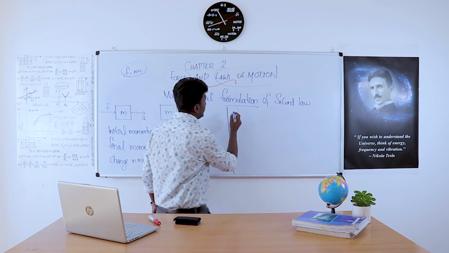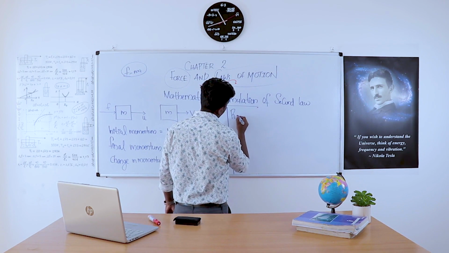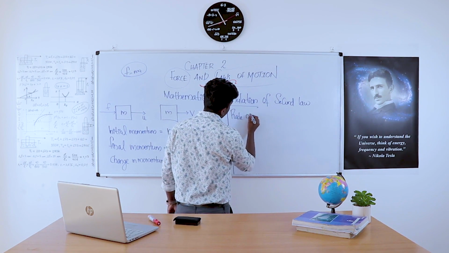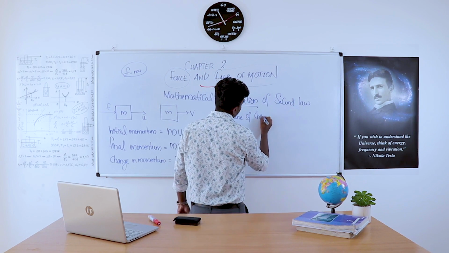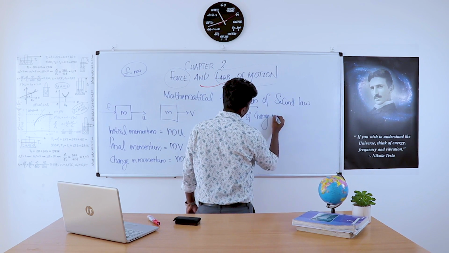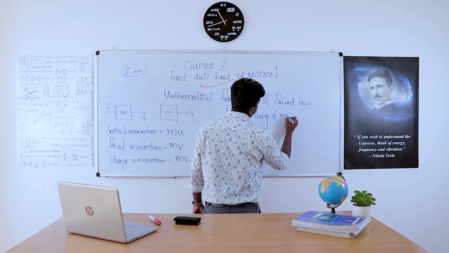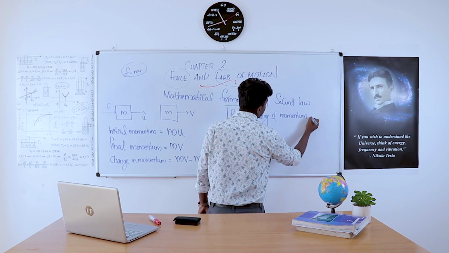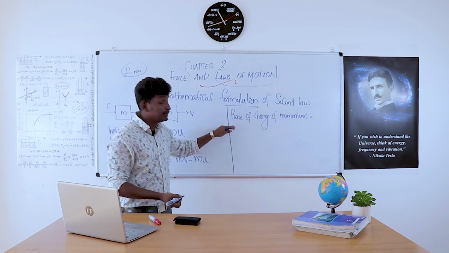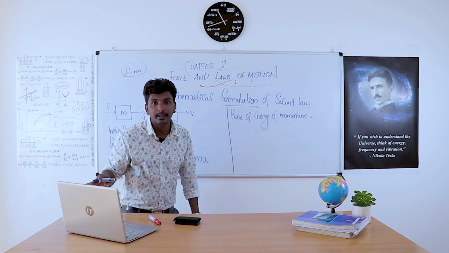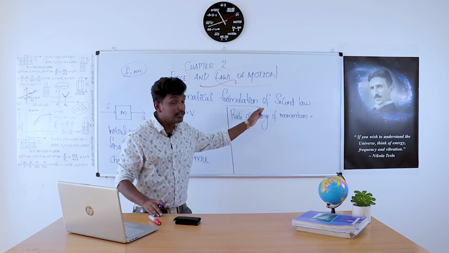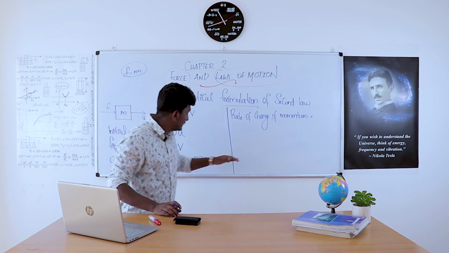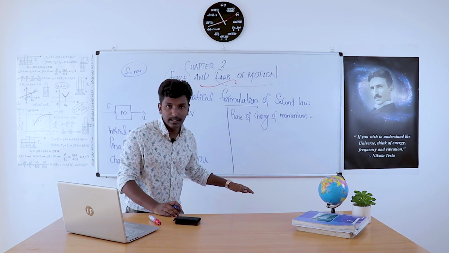Now we have to find rate of change of momentum. We have change in momentum as mv minus mu. The rate simply indicates that divided by time. That means rate of change of momentum indicates change in momentum divided by time.